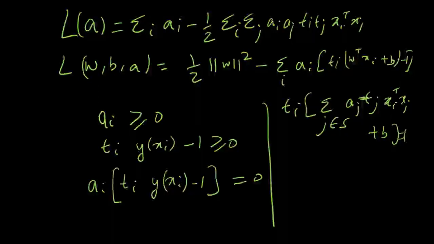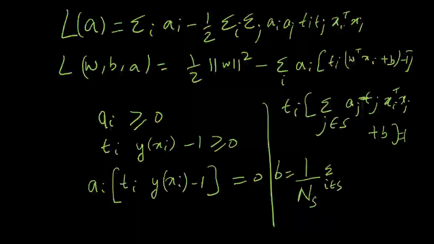And when we solve for this, what we will get is b equal to the following, where we are not counting any of those where a_i is equal to 0. We sum over i belonging to the set of support vectors.